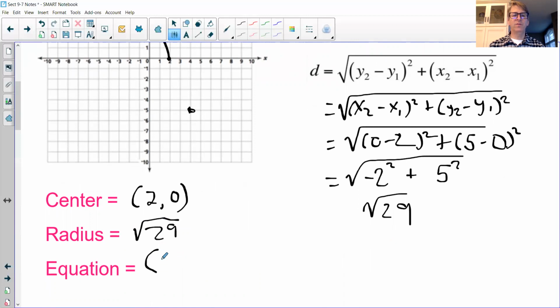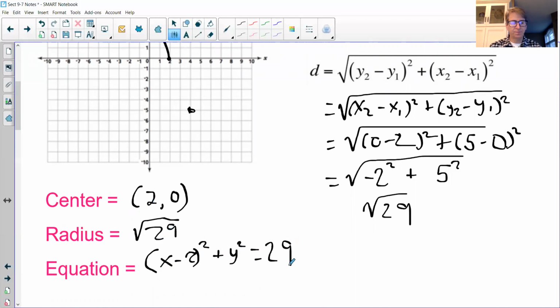The equation would be the following: (x minus 2) squared plus (y minus 0) squared, and that's y squared. And then we're going to take the radius and square it, which is going to give you 29.